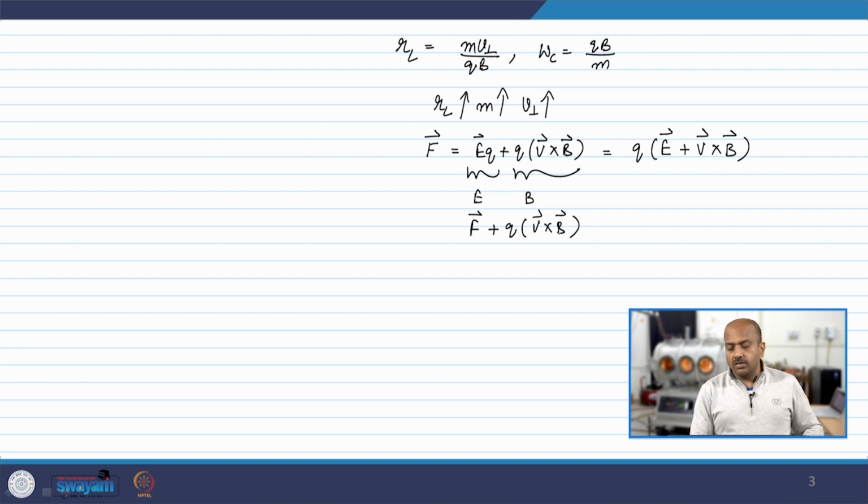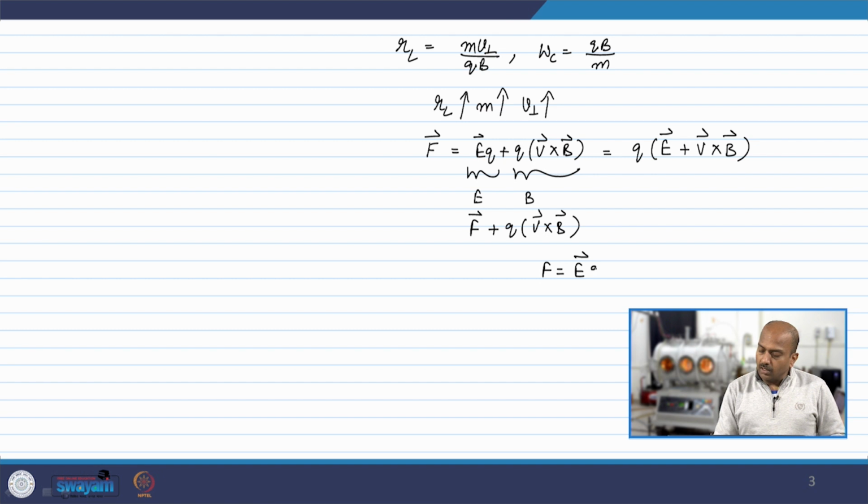So, in this situation, for the expression for drift, F is EQ, right. So, because it is a charged particle, the electric field can be written as the force experienced per unit charge.